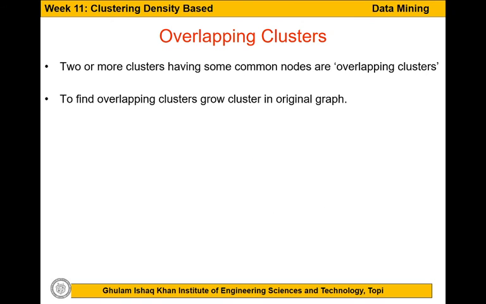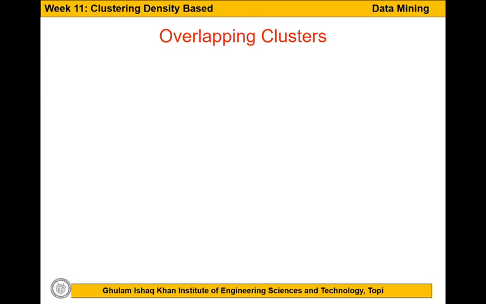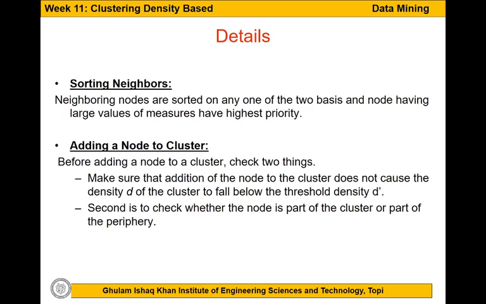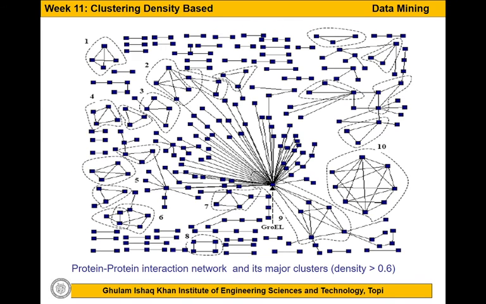If you want to customize our algorithm to extract overlapping clusters as well, what we need to do is, let me demonstrate it visually. Once the cluster stops growing, we will mark the cluster, we may store the cluster, but we will not extract it from the graph.